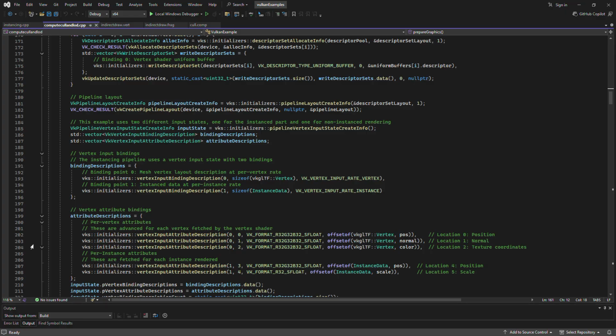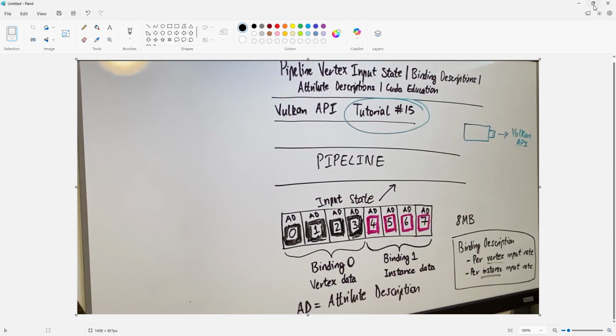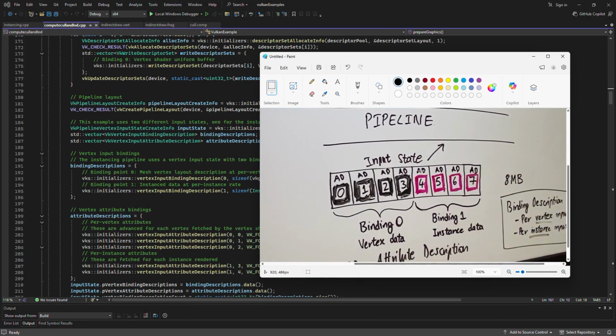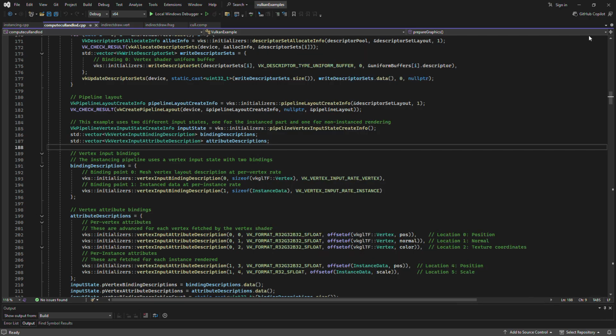So notice here we have binding 0 per vertex rate, right? And this is in the binding descriptions.